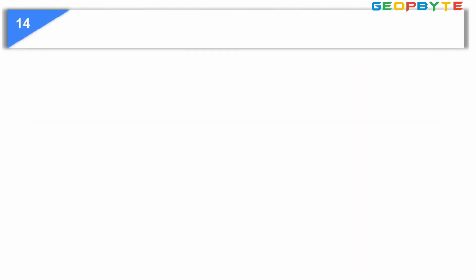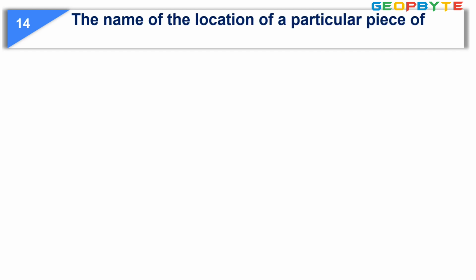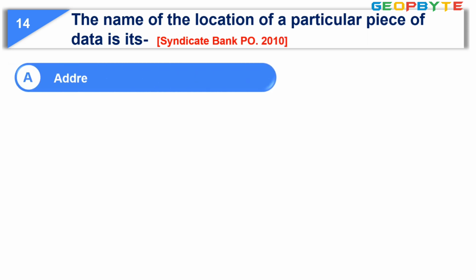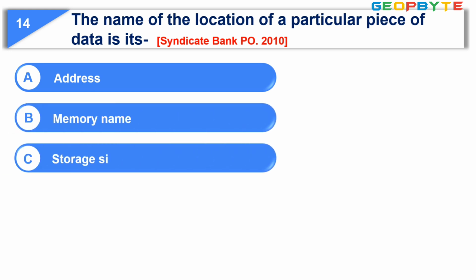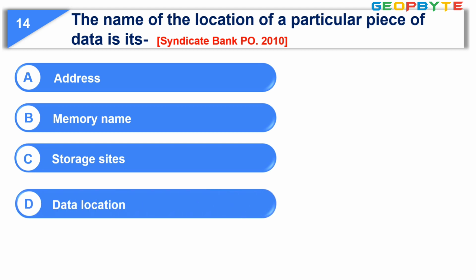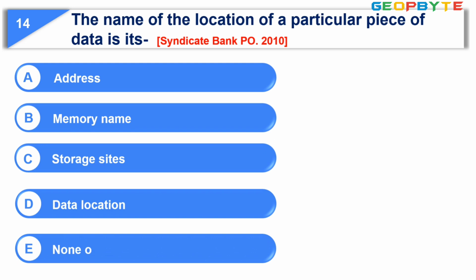Next, moving to question number 14. The name of the location of a particular piece of data is its: option A, address. Option B, memory name. Option C, storage sites. Option D, data location. Option E, none of these.